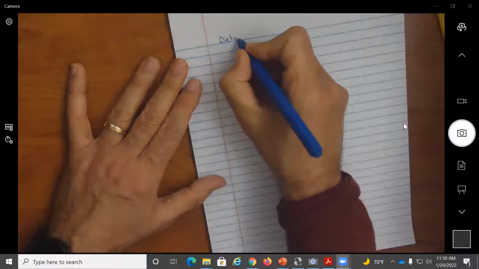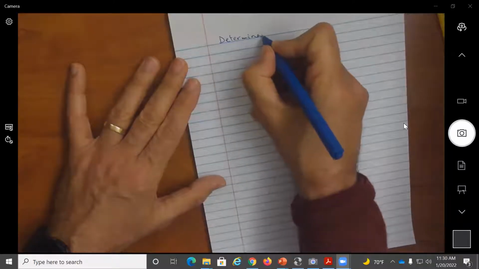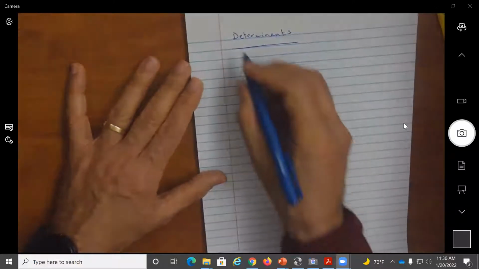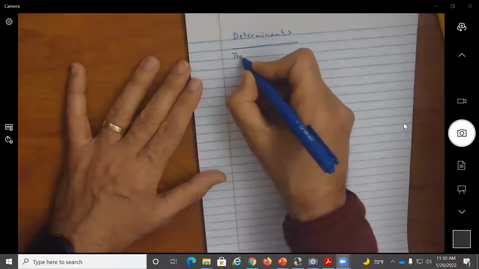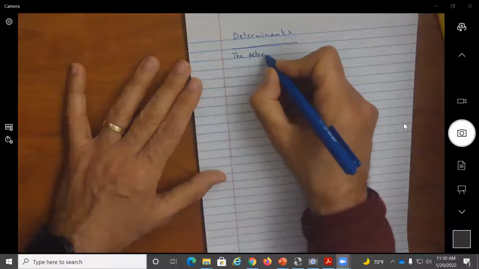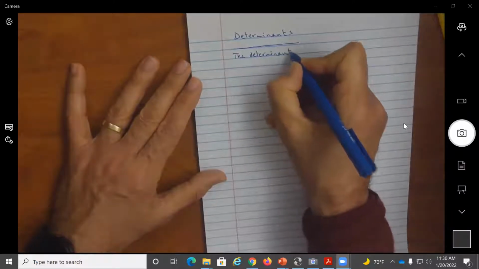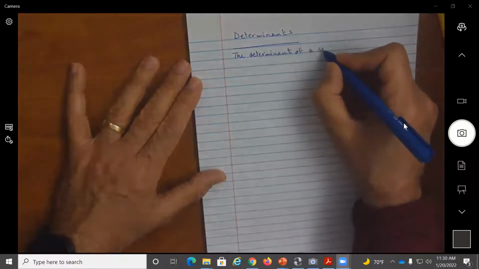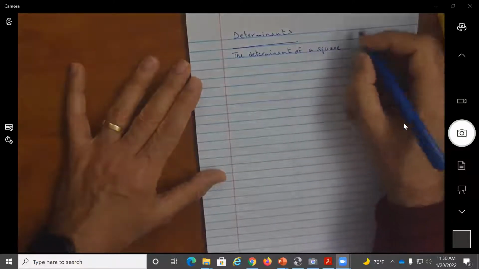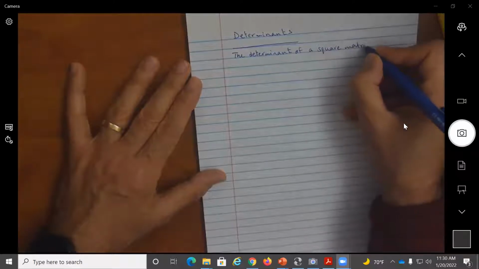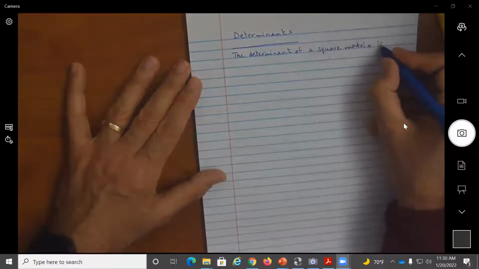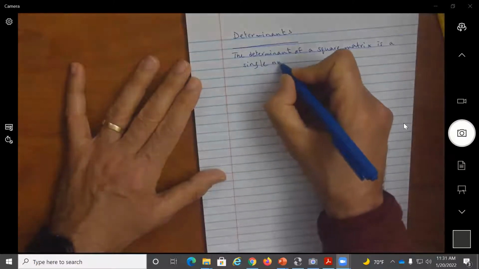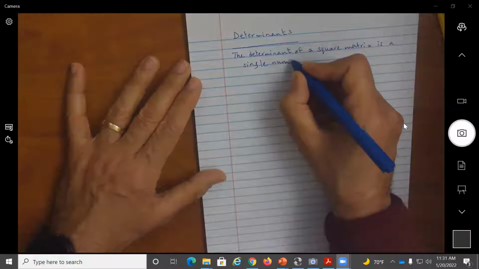Next, we want to get into determinants. The determinant of a square matrix. So we take determinants for square matrices. It is a single number or a scalar quantity.